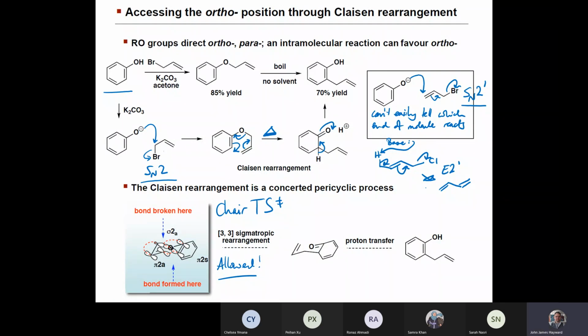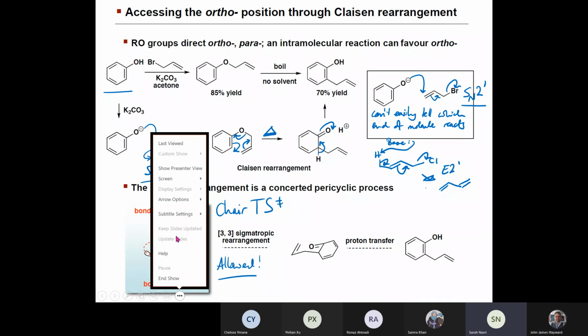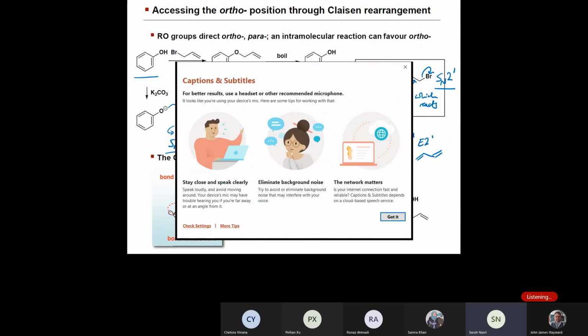The characteristic of a pericyclic reaction is that you have, firstly, a cyclic transition state where the electrons flow in a single step. So we don't say the process begins here and here. We just say it's in that chair conformation, it's able to do that cyclization.